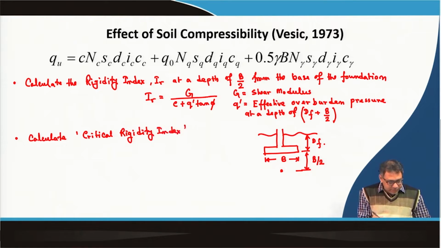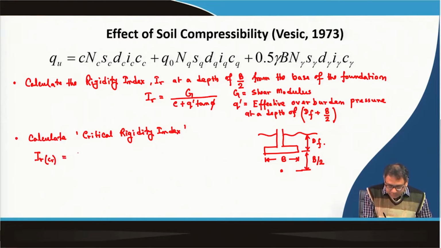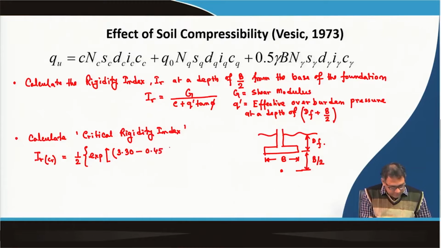IR critical is equal to half, bracket, exponential of 3.30 minus 0.45 B by L, cot of 45 degree minus phi by 2.